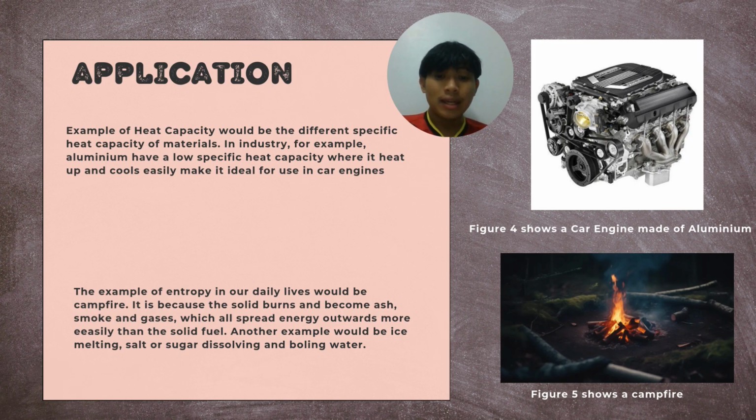Secondly, an example of entropy in our daily life would be a campfire. The solid burns and becomes ash, smoke, and gases, which all spread energy outwards more easily than the solid fuel. Another example would be ice melting, salt and sugar dissolving in hot water, and also boiling water. Figure 5 shows a campfire.